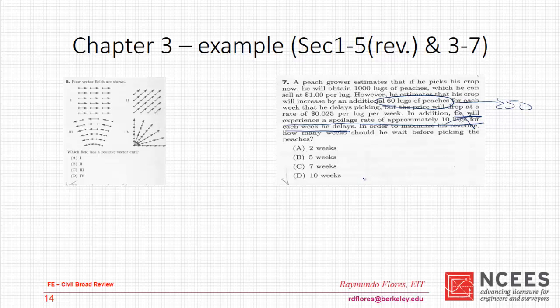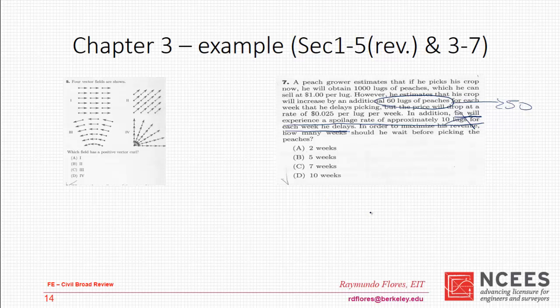So because it says 50, he's going to have 50 overall each week. In other words, if he keeps waiting each week, then he's going to get 50 times each week.